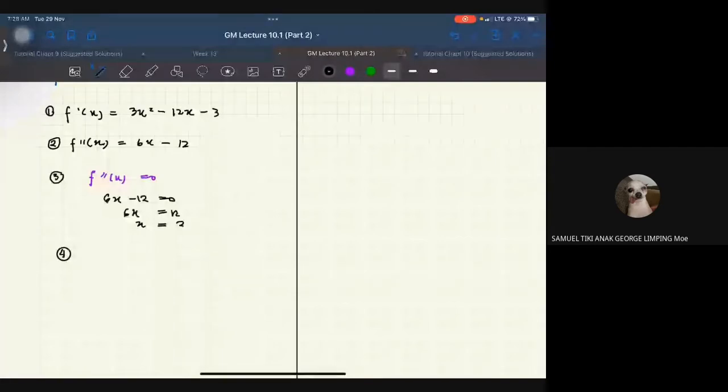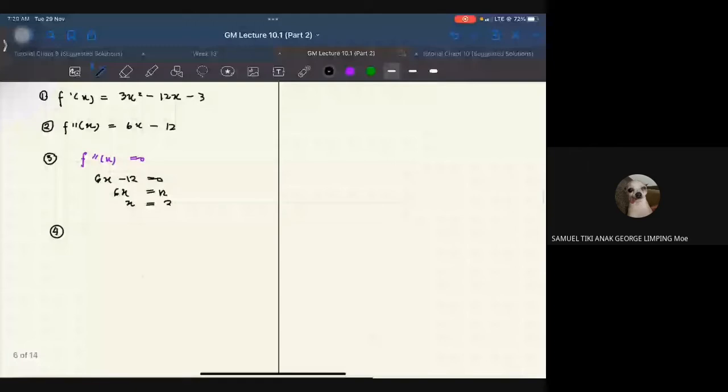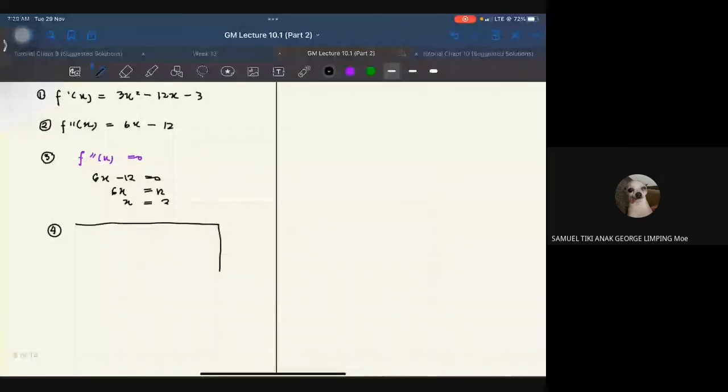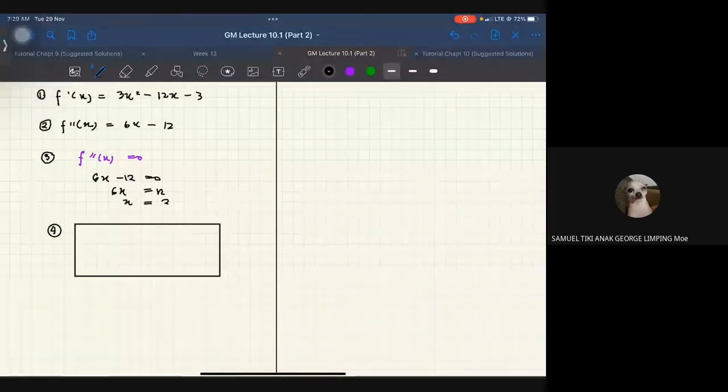Okay, so kalau ikutkan tadi saya cakap untuk step yang keempat awak kena gunakan table of sign. Table of sign yang awak guna masa first derivative test, tapi this time kita gunakan second derivative. Okay, so menggunakan table yang sama. Let me just do the table first. Okay, so the first one that I will write is interval.